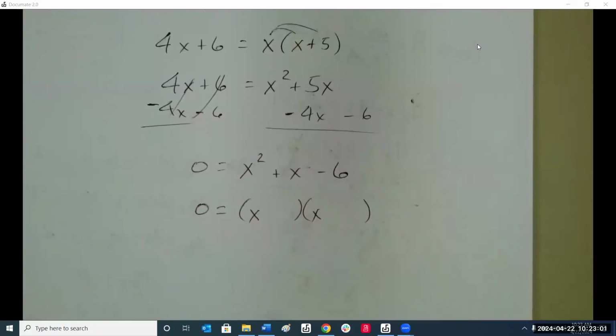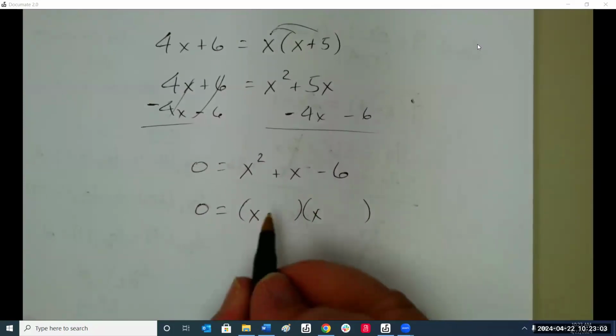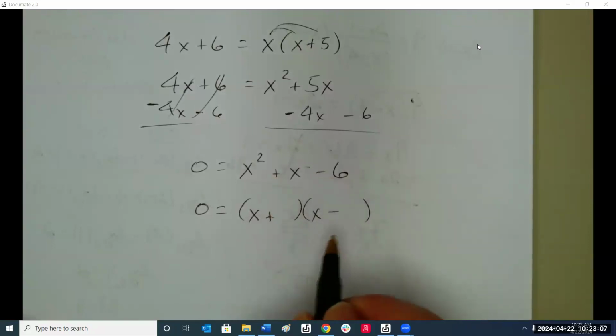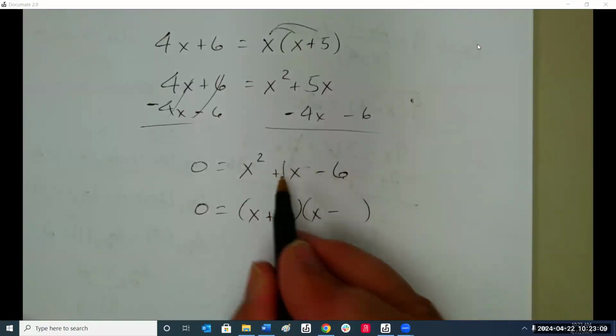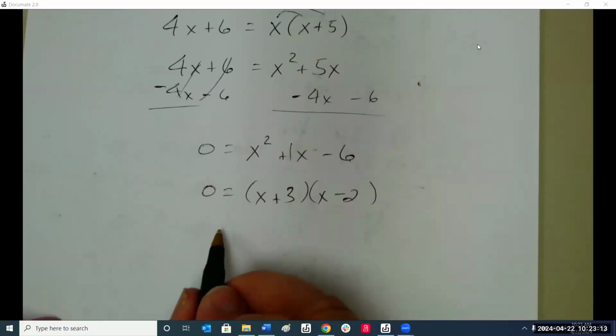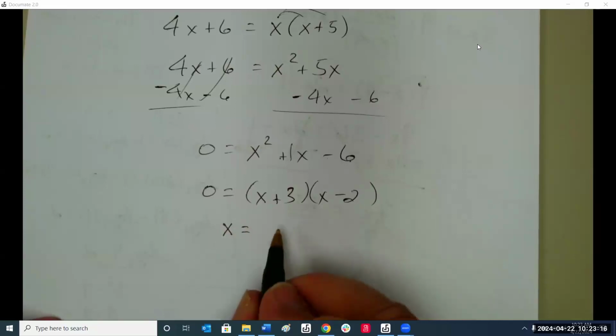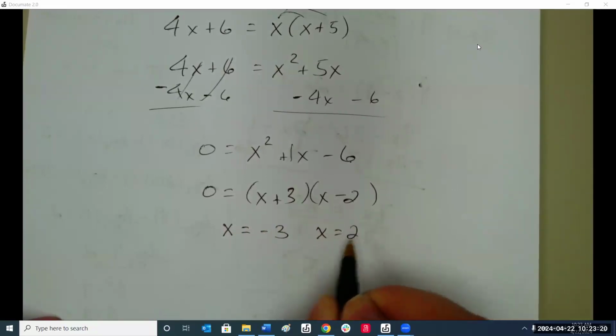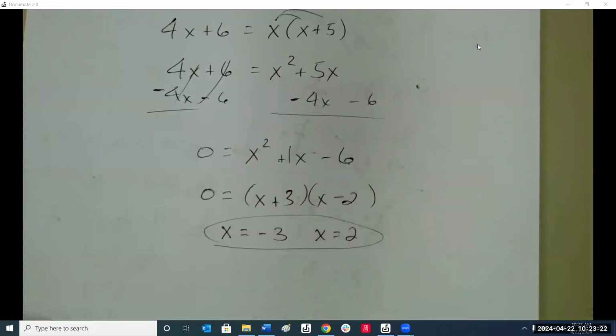What about the signs? It's going to be positive. So what times what is 6? When you subtract them, you get 1. And the 3 gets positive. Very good. So when I solve those, I get what? Then we have to check them. Very good.